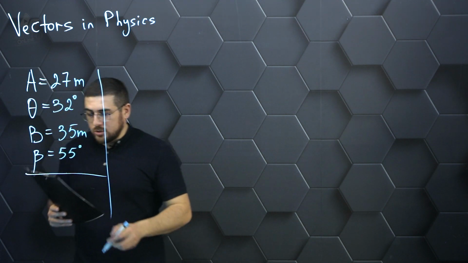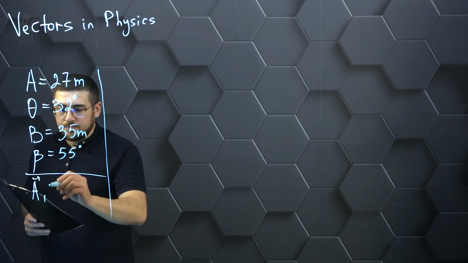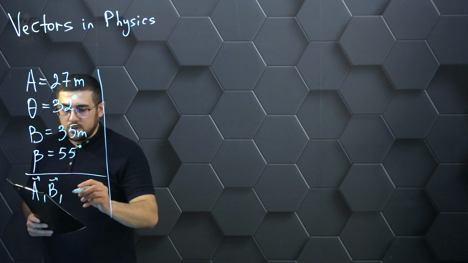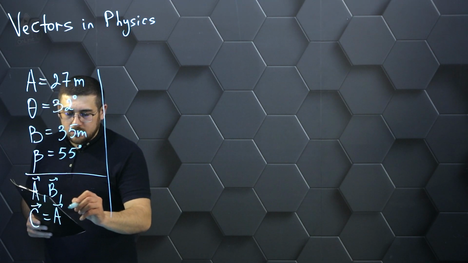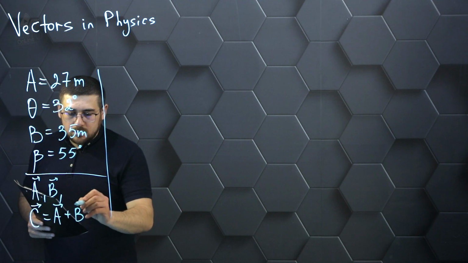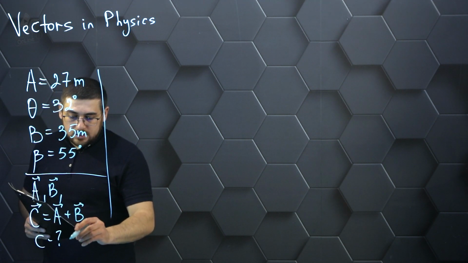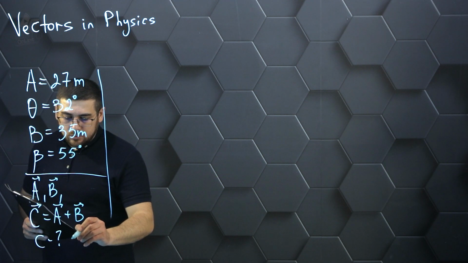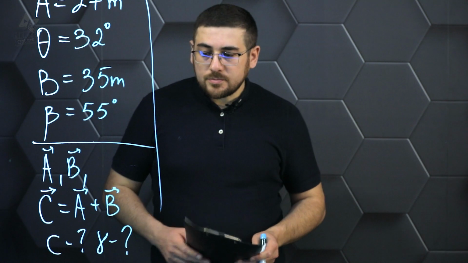Question: we'll need to draw the vectors A, B, show them in the figure, then show the sum of these vectors in the figure, and determine the length. Let's introduce some angle, let it be gamma, which will describe the position of this vector in relation to the x-axis.